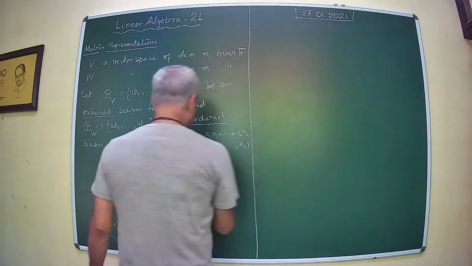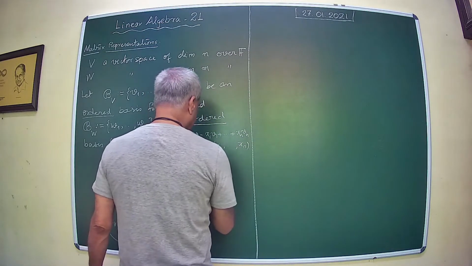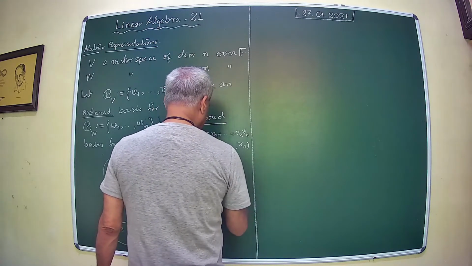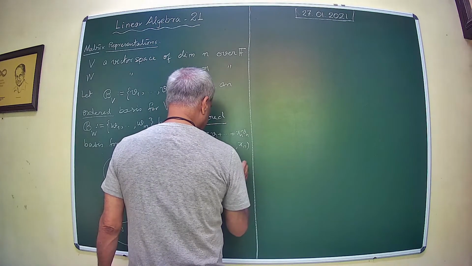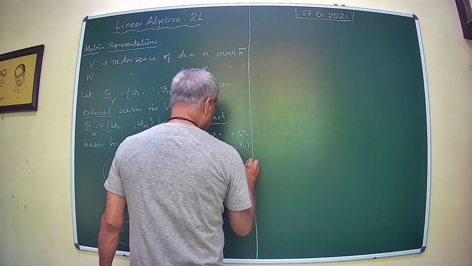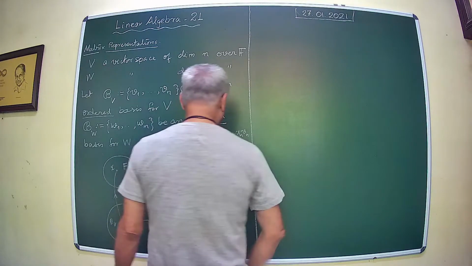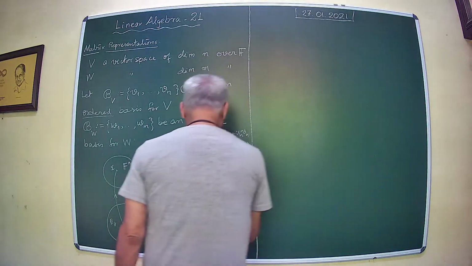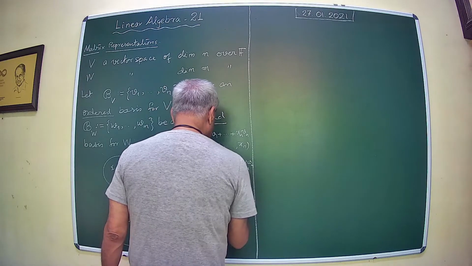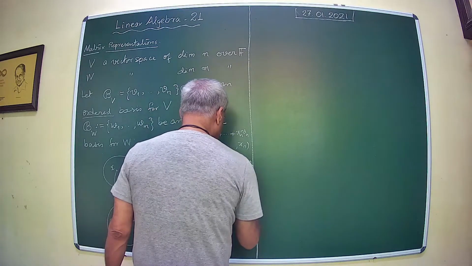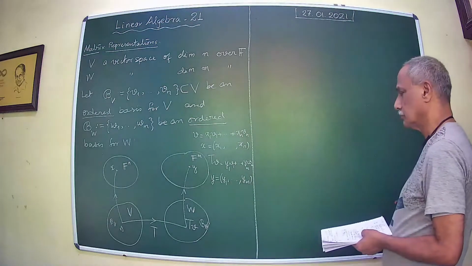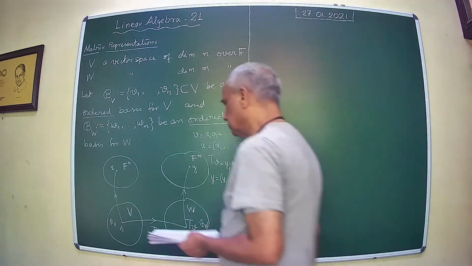Similarly, Tv is a linear combination of something like y1 w1 plus up to ym wm, and we write y to be (y1, ..., ym). Okay, so this is your y.